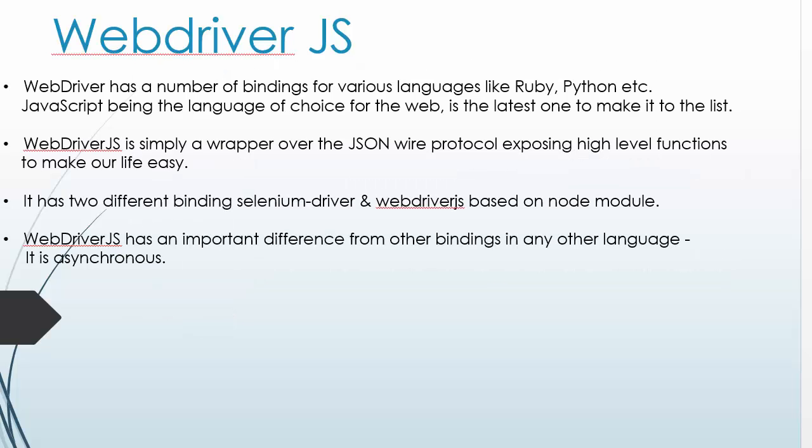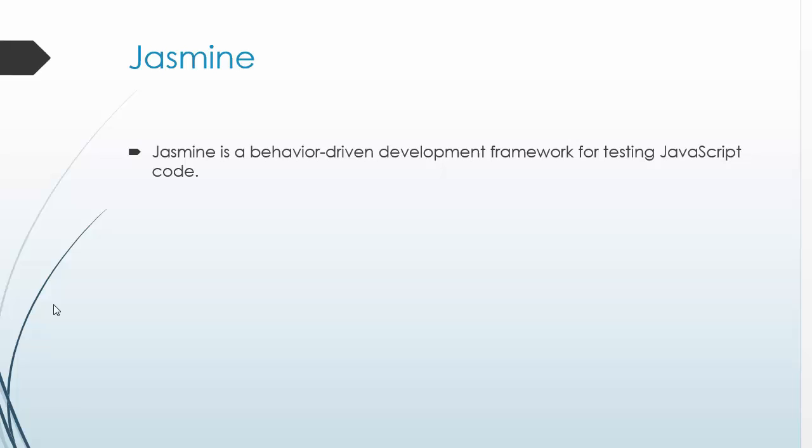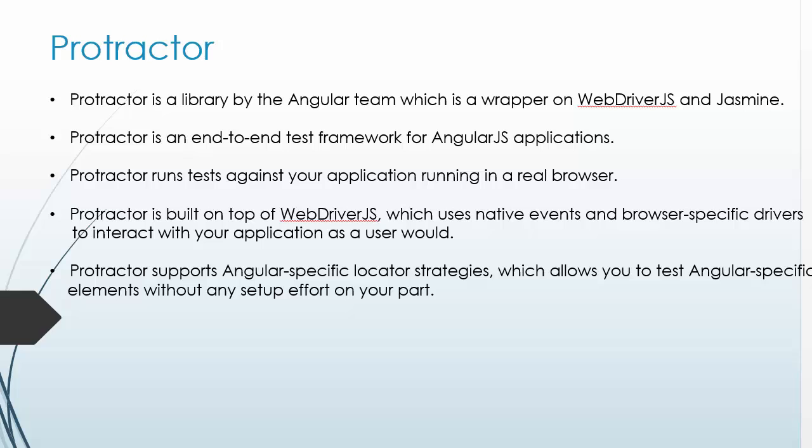Okay, so this was about WebDriverJS. Now we have the bindings available for JavaScript, and now we'll see Jasmine. This is basically a development framework which will be used for coding purposes. Now let's see Protractor, which is a library by the Angular team, and basically it's a wrapper on WebDriverJS and Jasmine.